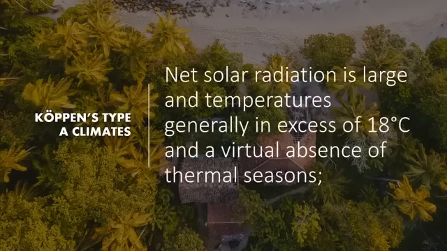Okay, so here, a characteristic of tropical climates is that the net solar radiation is very large. The amount of solar radiation that is absorbed in that area is large and temperatures generally exceed 18 degrees. So here in the Philippines, if we have a temperature lower than 18 degrees, we love it. But being in a tropical climate, generally the temperature is higher than 18 degrees.